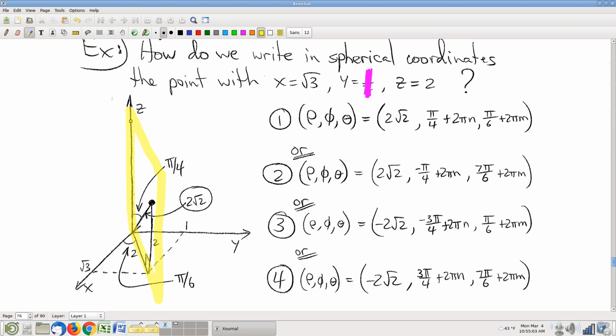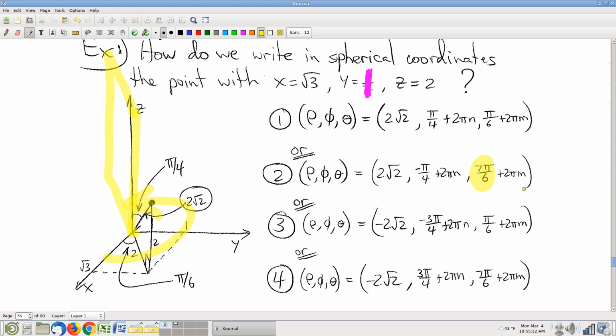Let me just point out the other side of that half plane, kind of over there, and let's think of that as being the theta direction, if you will, right? At which point theta is now, well, it's the pi over 6 that I had before plus another half turn. That makes it 7 pi over 6.